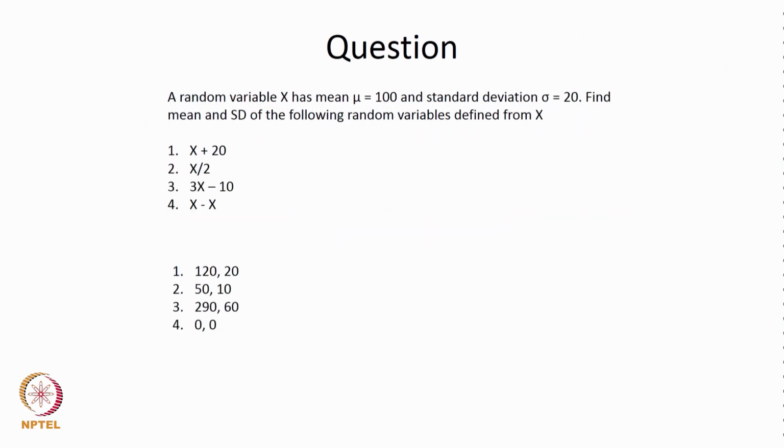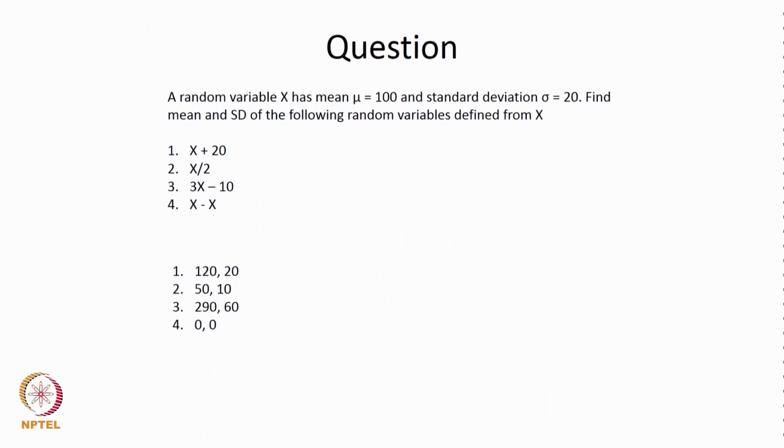Now, a random variable has mean mu equal to 100 and standard deviation sigma equal to 20. Find the mean and standard deviation of the following random variables defined from x. X plus 20. So, for x plus 20, the mean changes from 100 to 120, the standard deviation remains at 20 and does not change.